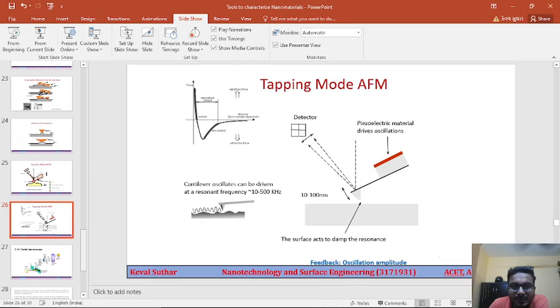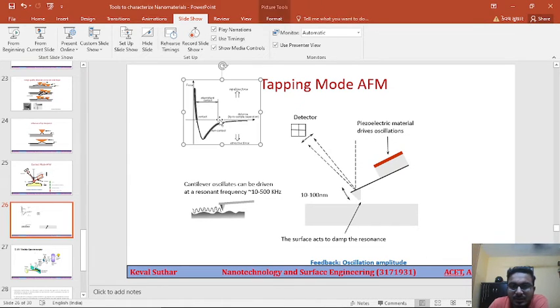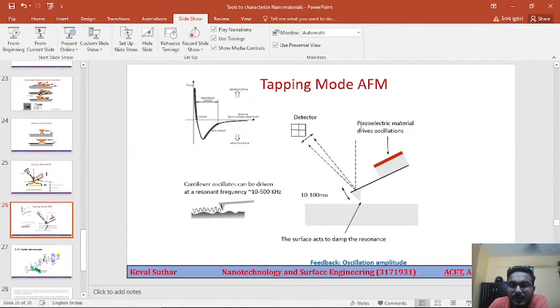Then we have tapping mode, the figure that we discussed over here. In tapping mode we have a piezoelectric material which drives the oscillation. So in this case the cantilever along with the tip oscillates through the piezoelectric material, so that it can continuously tap on the specimen surface.